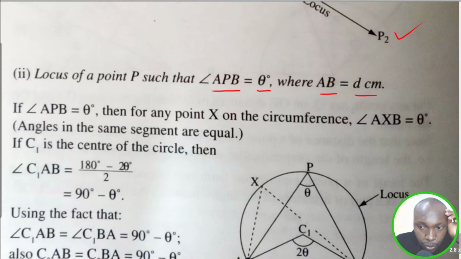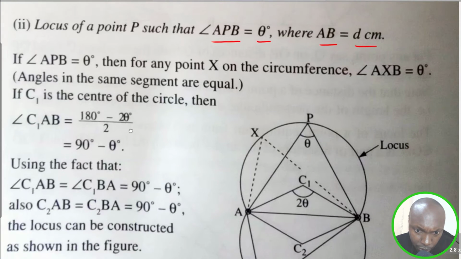Now for you to solve these, you require some prior knowledge on the properties that we learned in circles, chords and tangents. That is a property relating to the angle subtended at the center and the angle subtended at the circumference by a chord. So that is a property that you're going to use here.